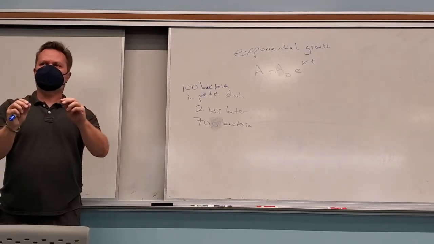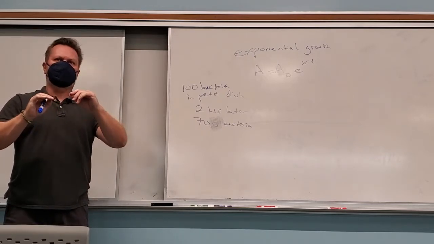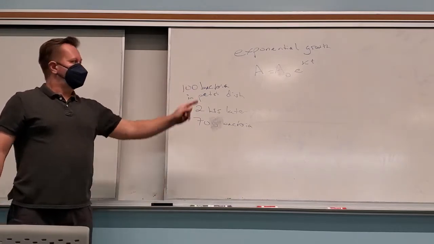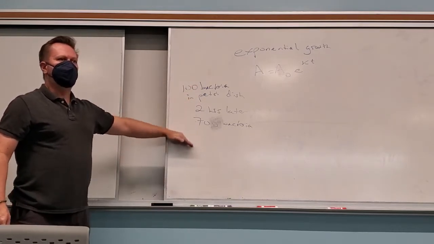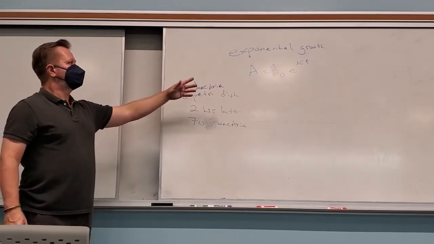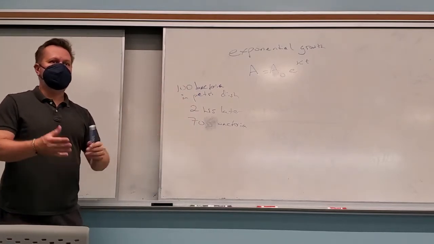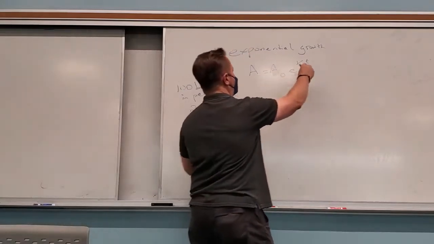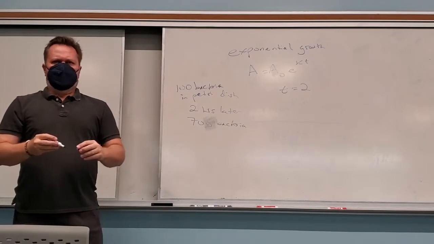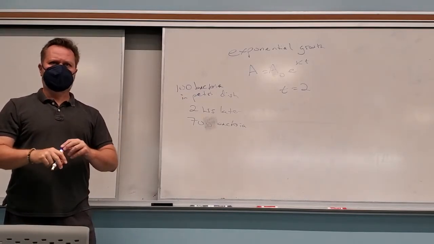Can anyone identify for me any piece of the equation and the value that we have for it? Is there anything in the equation that you just know from what I've told you? Like, does t equal 7? Does k equal 15? t equals 2, so time is going to be in hours. What else do we know?